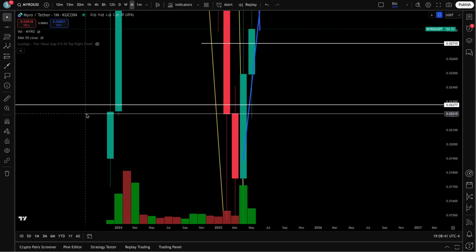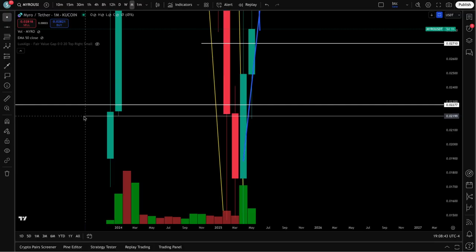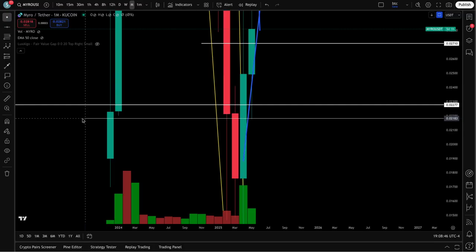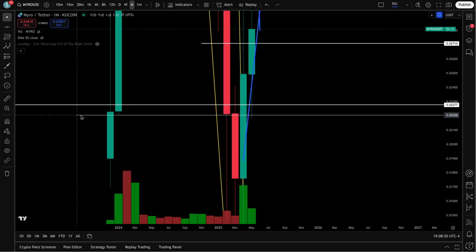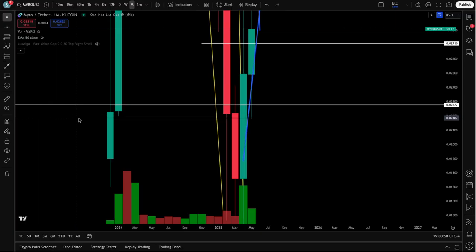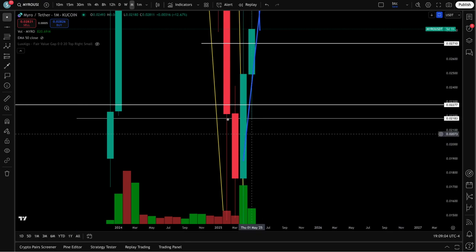This wick came down to there, but you're looking at closing candles. You have a range in here really for this monthly. It comes down at the very bottom here down to 218. That was a wick here.